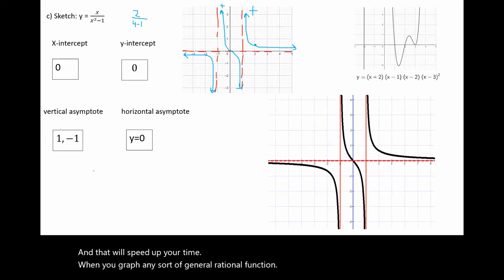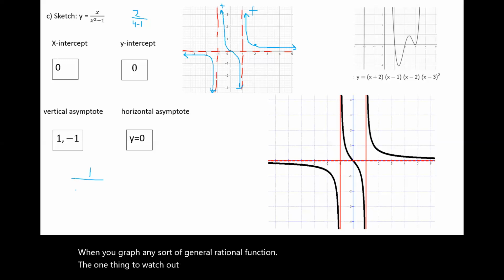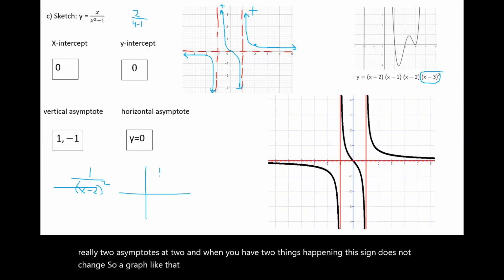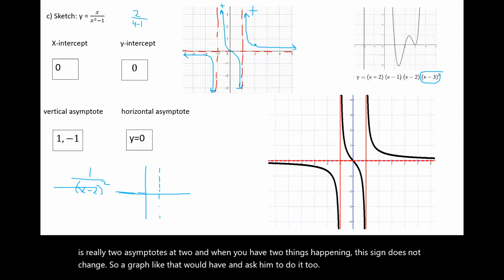The one thing to watch out for, what if we had a situation like this, x minus 2 squared? This is really two asymptotes at 2. And when you have two things happening, the sign does not change. So a graph like that would have an asymptote at 2. Turns out the horizontal is 0.